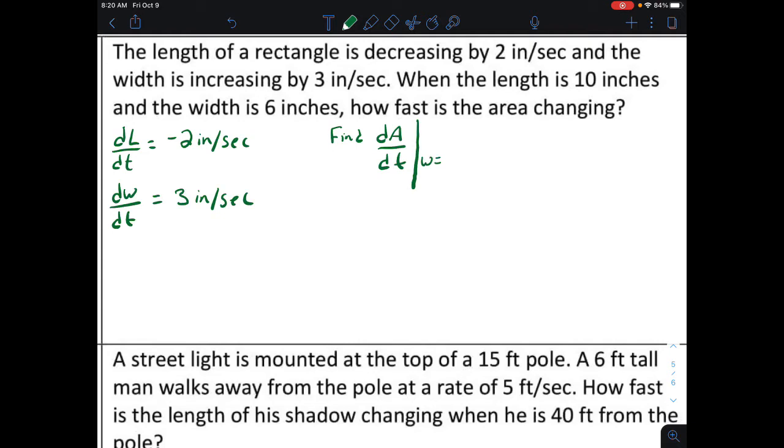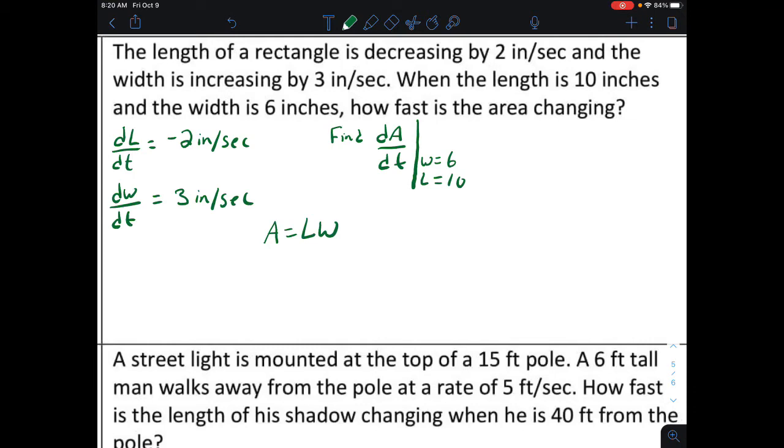So when W is equal to 6 and L is equal to 10. So that's what that notation means. Now, I need to make an equation now that I have everything labeled and what it is I'm trying to find. Well, we're talking about the area of a rectangle here. So the area of a rectangle is equal to length times width.